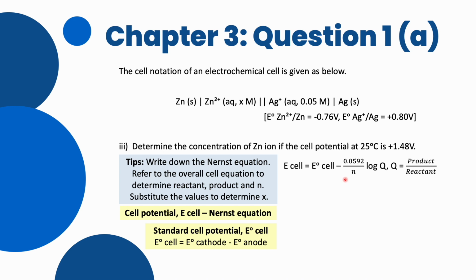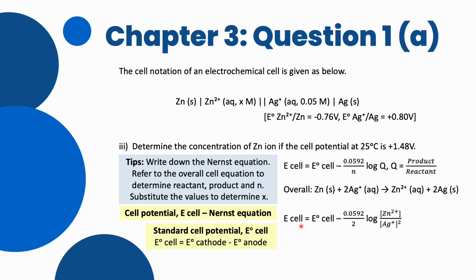So let's look back at what the overall cell equation is for this electrochemical cell. For the overall, we have zinc solid plus 2Ag+ aqueous will form Zn2+ plus 2Ag solid. So this is the overall one. I'm just going to write down the formula again, but we have to be very specific about what N is and what Q is.